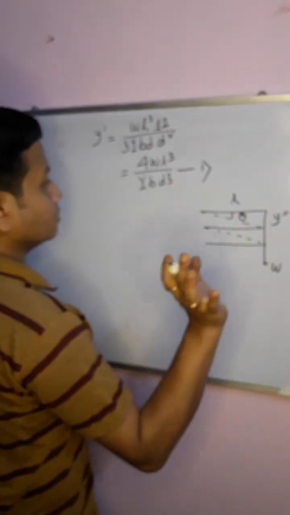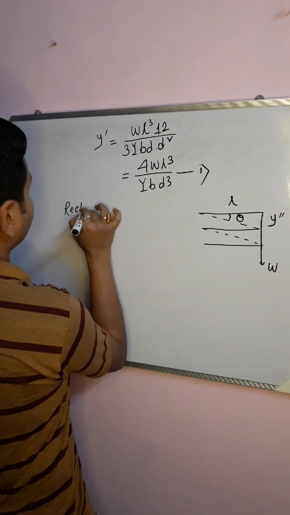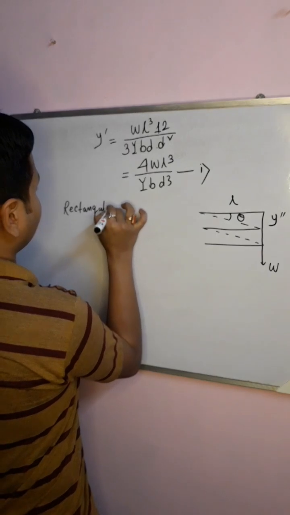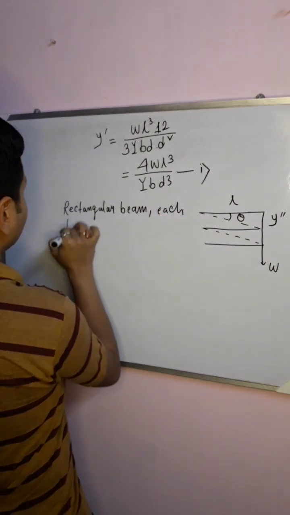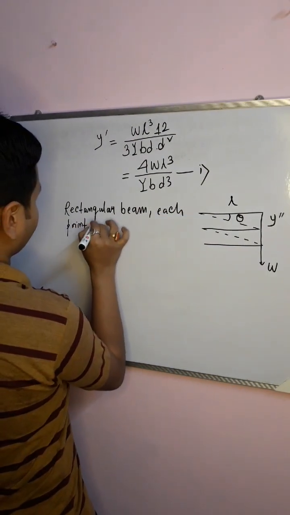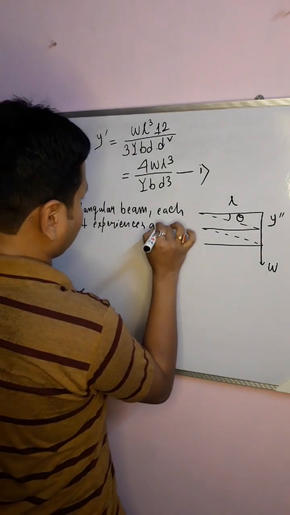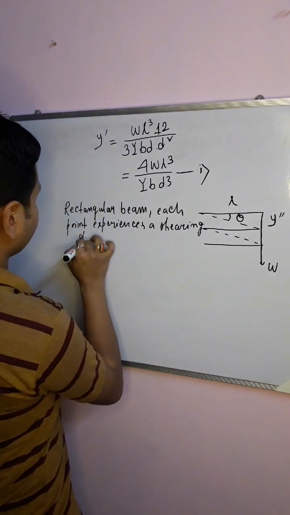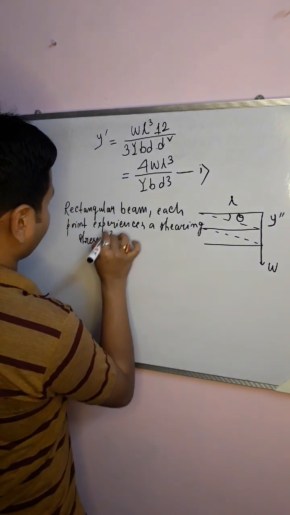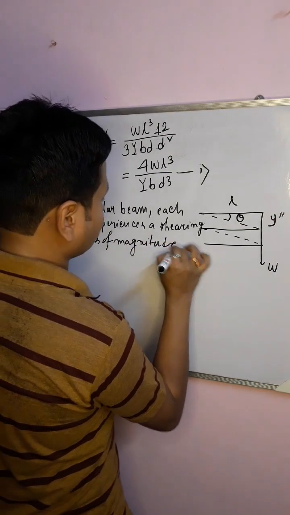So if we consider a rectangular beam, each point experiences a shearing stress of magnitude, what, force per unit area.